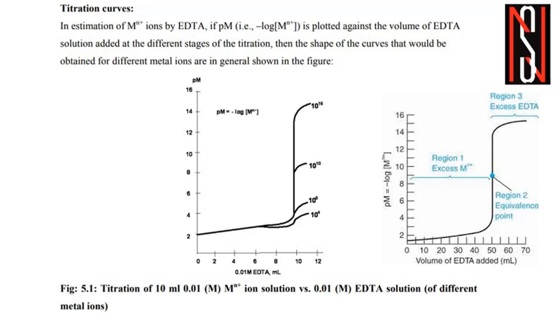Here a metal ion sensitive indicator, called a metal indicator, is practically used to detect the endpoint of this kind of complexometric titration, whereas in acid-base titration we use an acid-base indicator. These metal ion indicators are typical organic dyes which are able to form chelates with metal ions reversibly, and they show a sudden color change at the equivalence point.